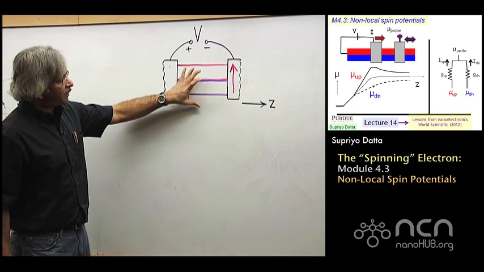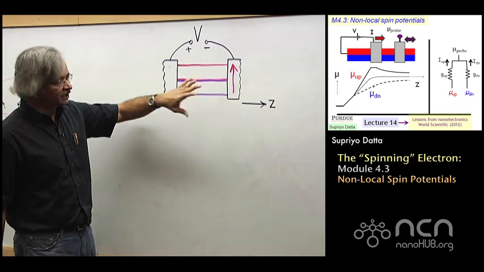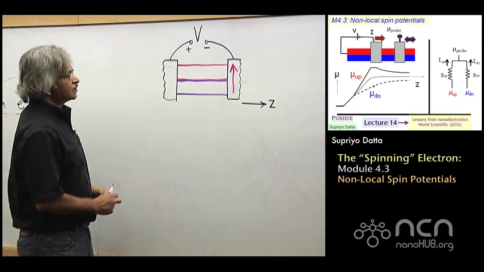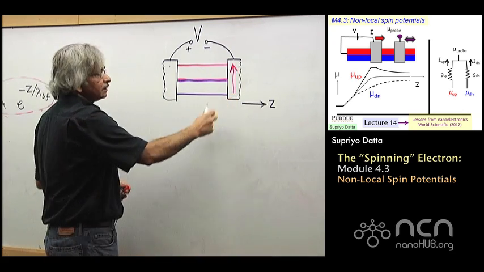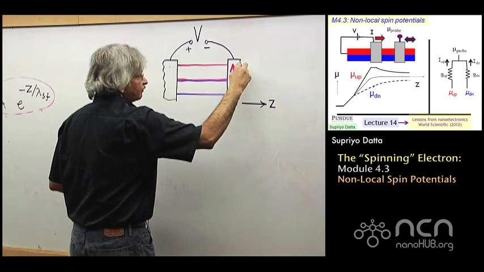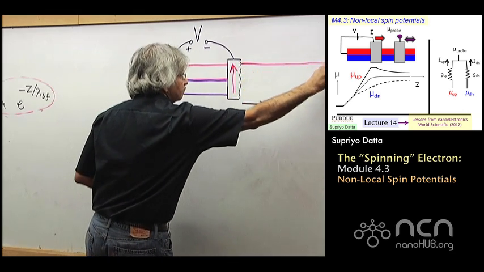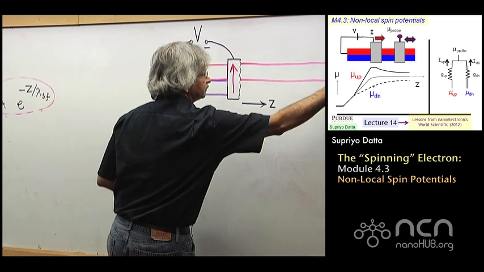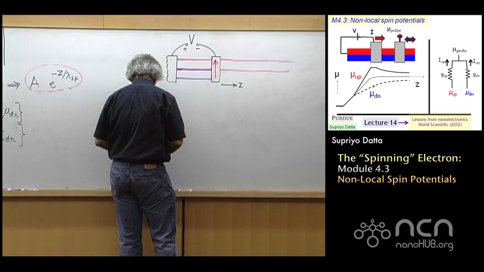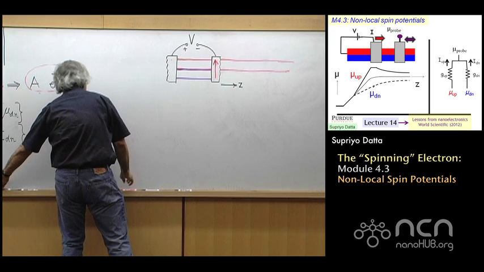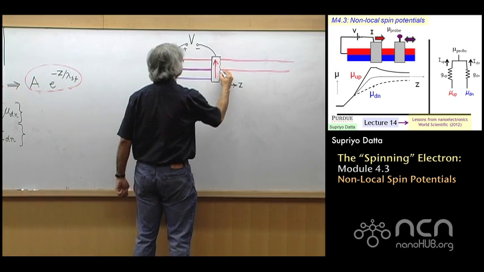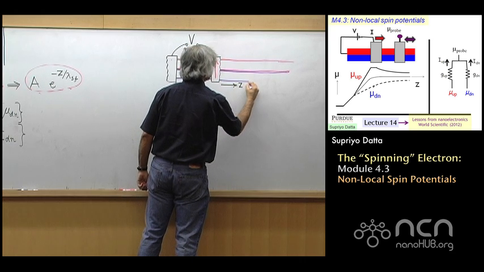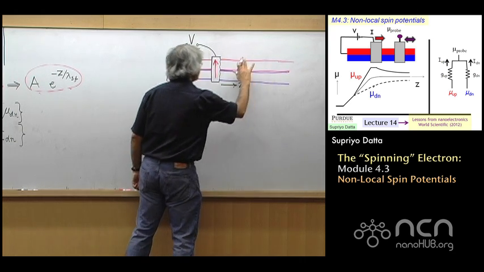Now the part where we'll think of something a little different than what we have been talking about is that we'll assume that this is a short magnet and these channels extend out beyond this contact, way out here. So when you look out here, you'd see this channel extend out.